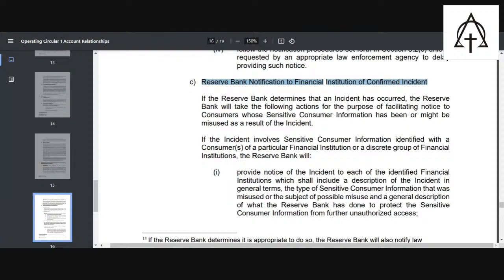The type of sensitive consumer information that was misused. In this case, my companion's case, they're using identifiable information as if she's allowed to invest as a firm and provide an obligor number for said obligations when she is retired.